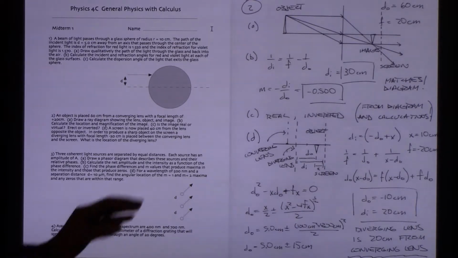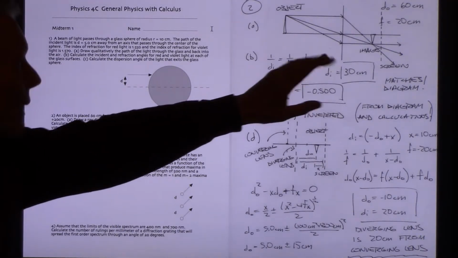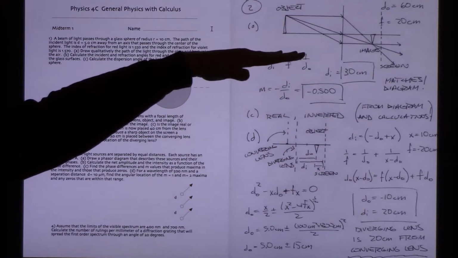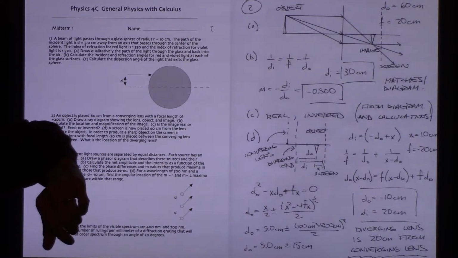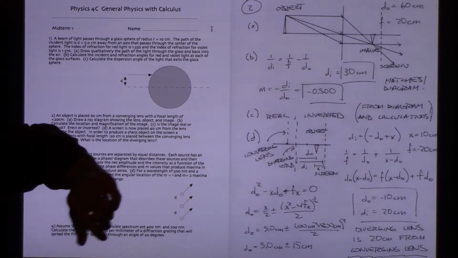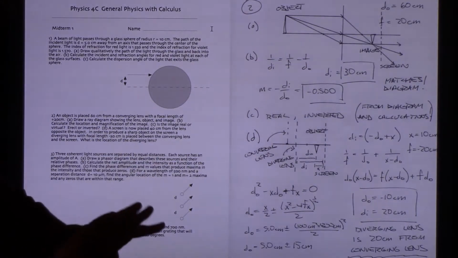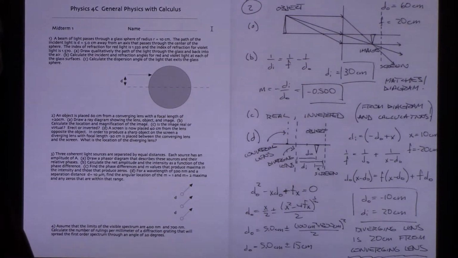And so what we've got here is the location of the lens. Now they first of all want us to draw a ray diagram showing where the image is located. I've got a straight edge, and I can draw these diagrams.